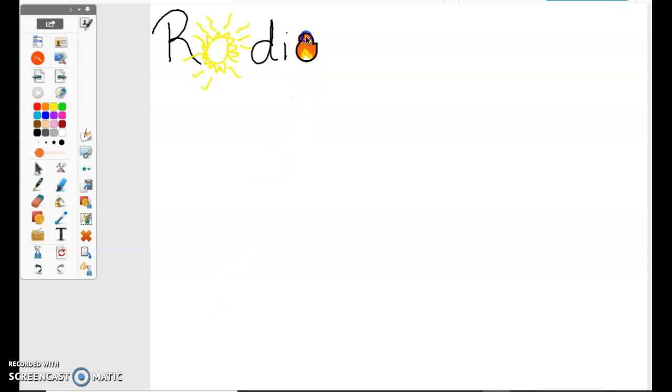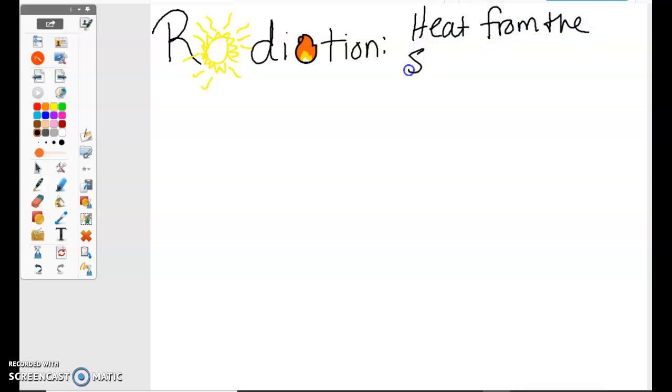I'm cheating. I'm terrible at drawing fire. Radiation: heat from the sun or a fire. How does heat move in radiation? It moves through waves, heat waves.